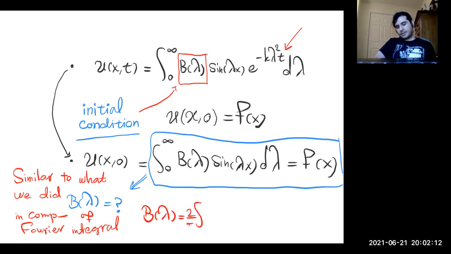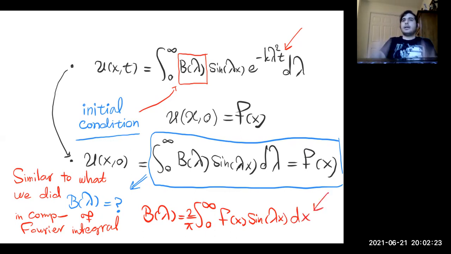We have a constant here, 2 over pi, integral from 0 to infinity, f(x) sine of lambda x dx. This integral is with respect to x. So assuming we can compute these integrals, we can compute this number b lambda.